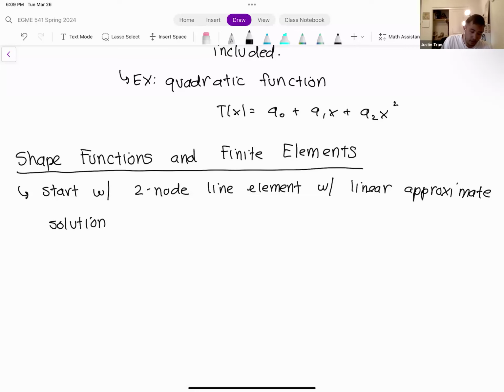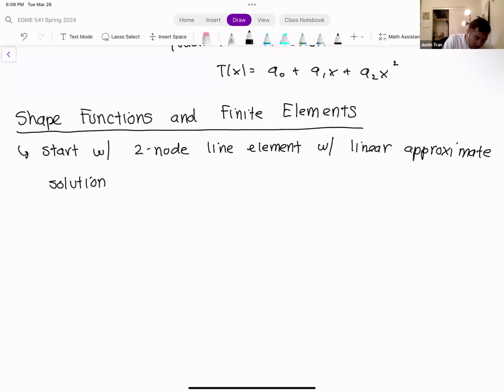All right, so our element is going to look like this.